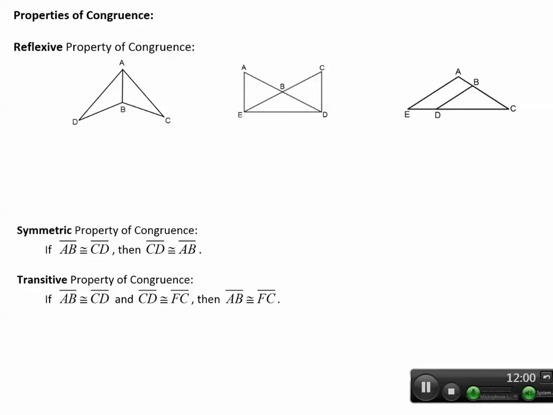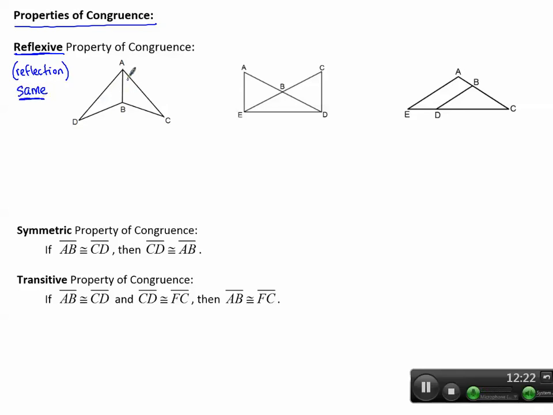Finally, let's take a look at some properties of congruence. The first one that's very useful is the reflexive property of congruence. For the reflexive property, think about a reflection. When you see your reflection in a mirror, you see the same thing. You see yourself.